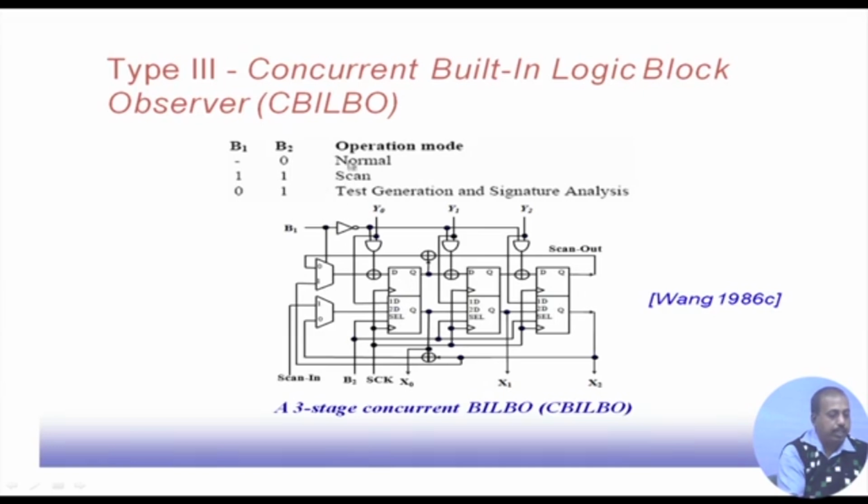When this is 1 1, it will act as scan mode, and when it is 0 1, it will act as test generation and signature analysis mode. Otherwise it is similar to that Bilbo structure, but it is concurrent Bilbo because we have got 3 different Bilbo modules, and they can act for 3 different modules in the circuit. So, all of them are tested parallelly.